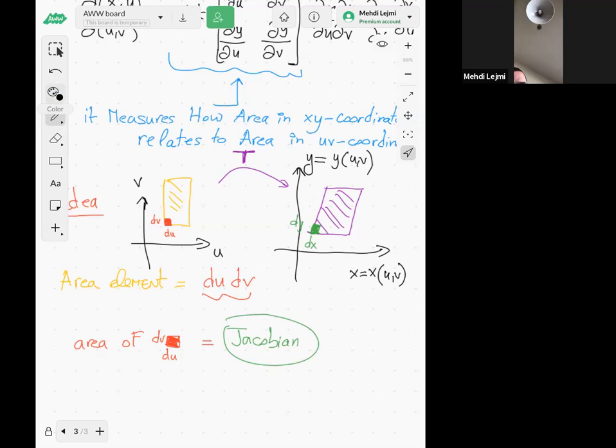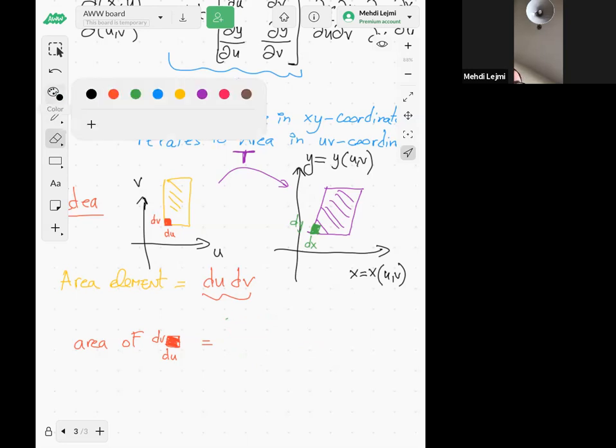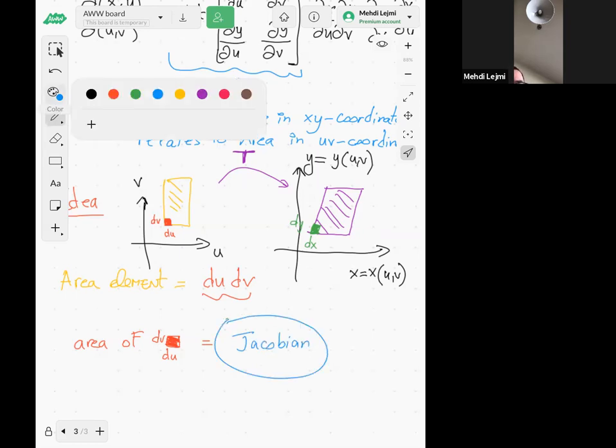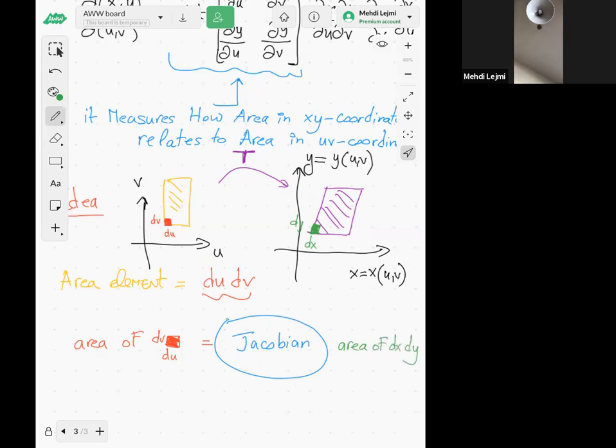So this is your Jacobian. It gives you a relation between the area of du dv and the area of dx dy.